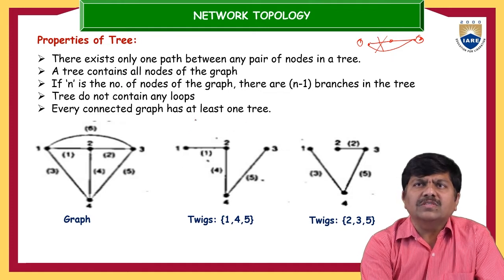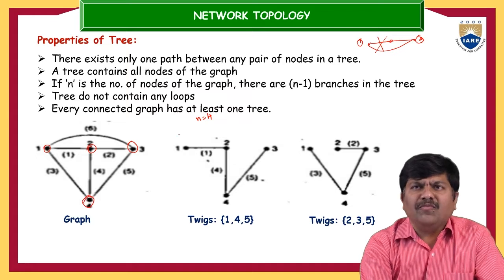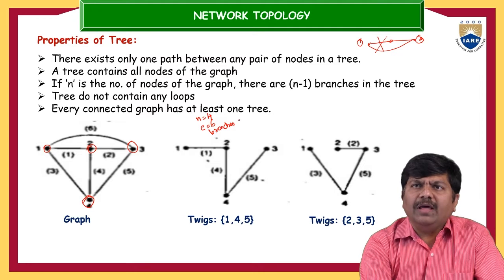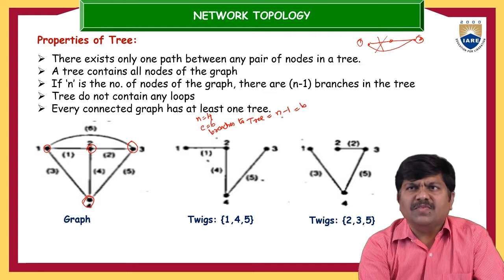Now how many nodes are there? There are 4 nodes: node 1, node 2, node 3, and node number 4. So there are 4 nodes and 6 elements, and the branches to develop the tree are how many? That is n-1 equal to b.